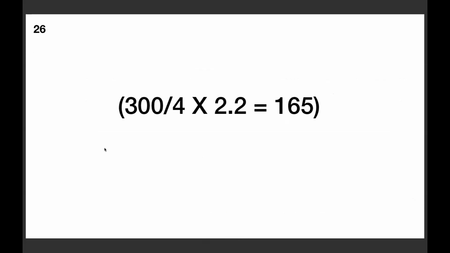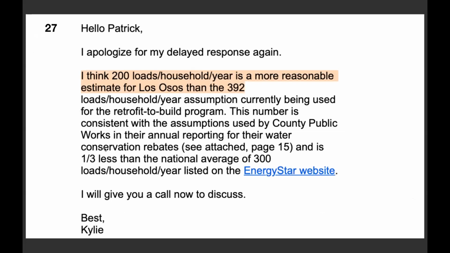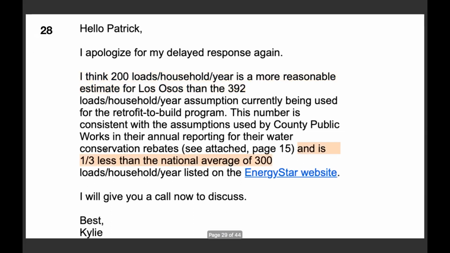So after pointing out this discrepancy to county staff, this is what they determined. I think 200 loads per household per year is a more reasonable estimate for Los Osos than the 392 currently being used, and is a third less than the national average of 300.